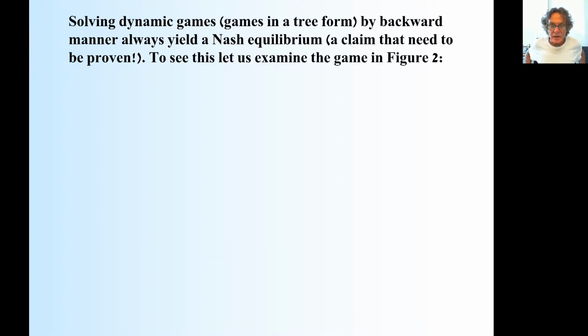Only the one obtained by solving the game backwardly is going to be the sensible one. That is the reason we call such an equilibrium perfect equilibrium.